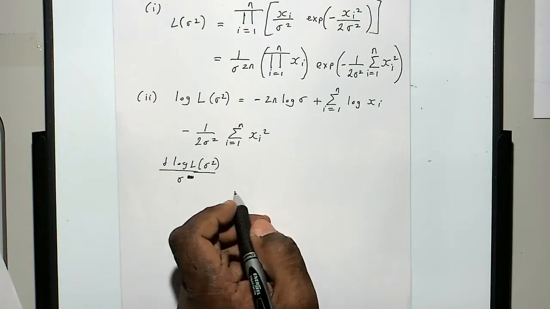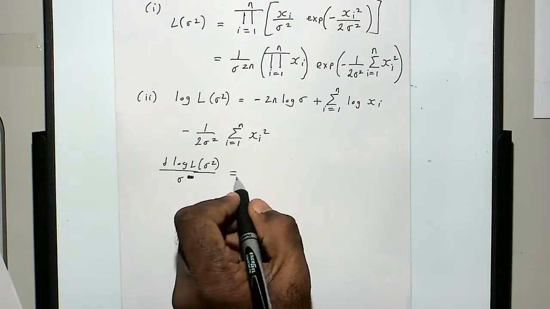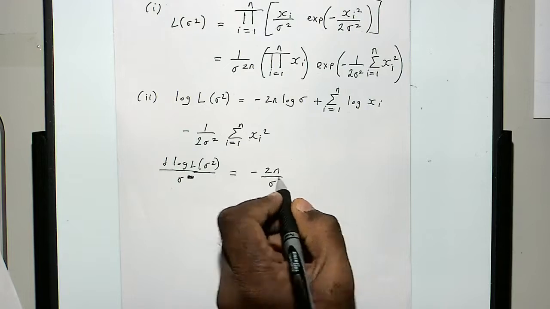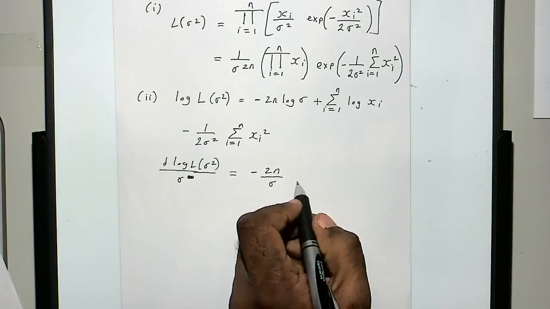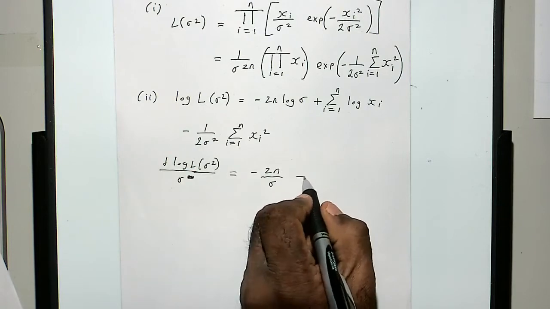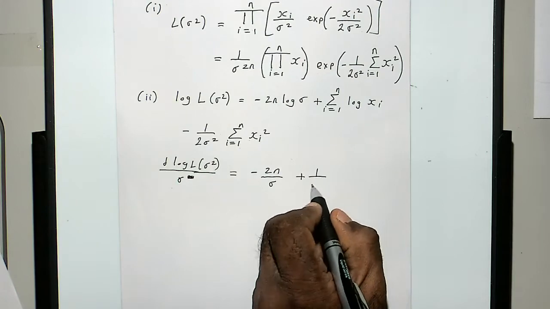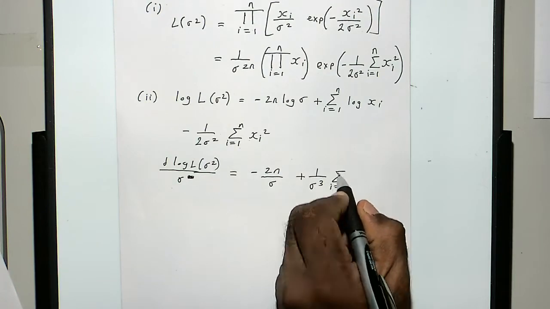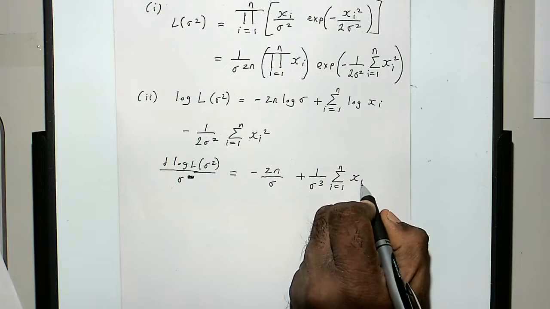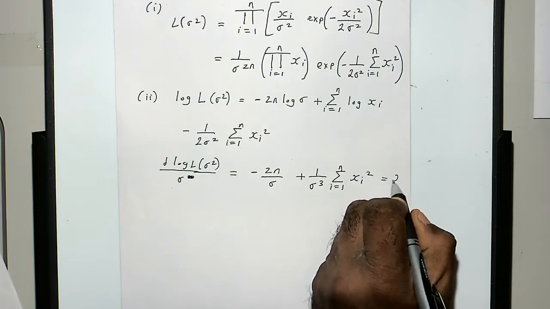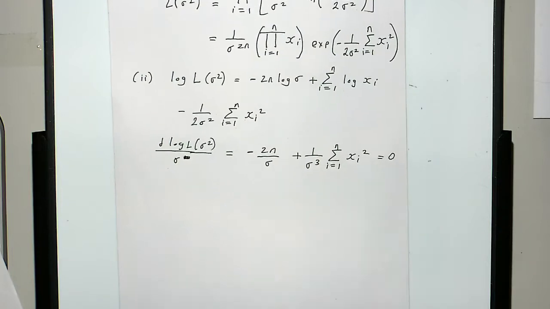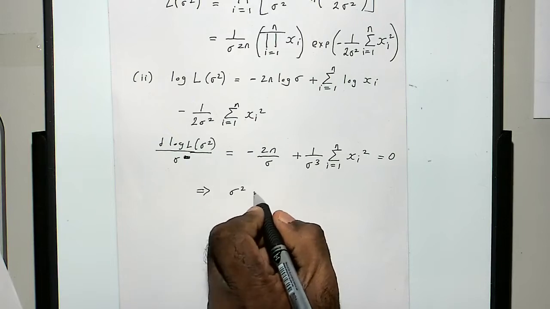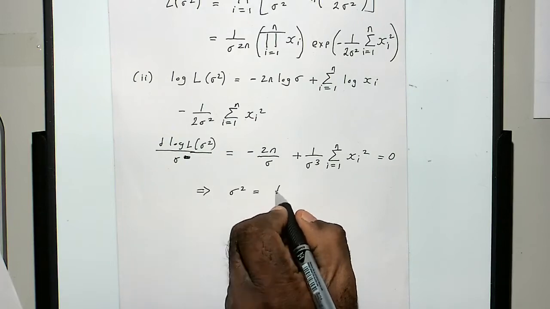So you get minus 2n divided by sigma, then the derivative of this is, you set this to 0, and if you solve this, you get sigma squared equal to 1 over 2n times the sum.